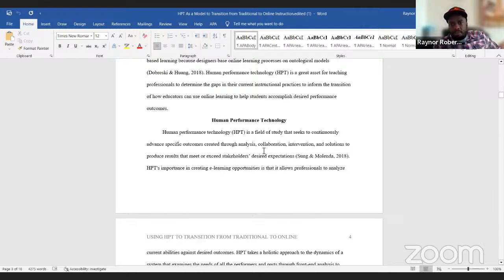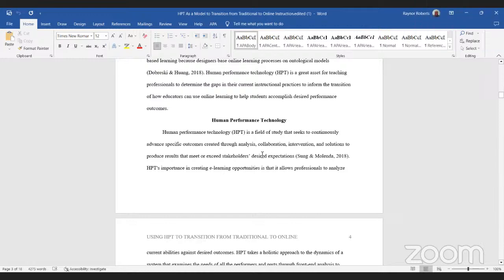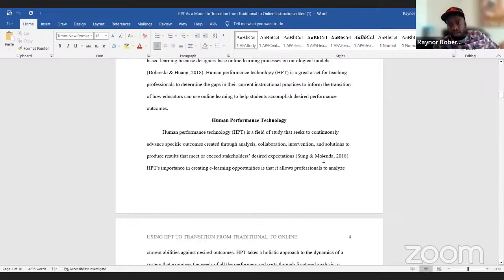If it was a direct quote, it would look a little bit different. The paragraph itself would look different because there would be quotations, and then there'll be more information in this in-text citation. But for all paraphrases, you would have just the author's name and the date.